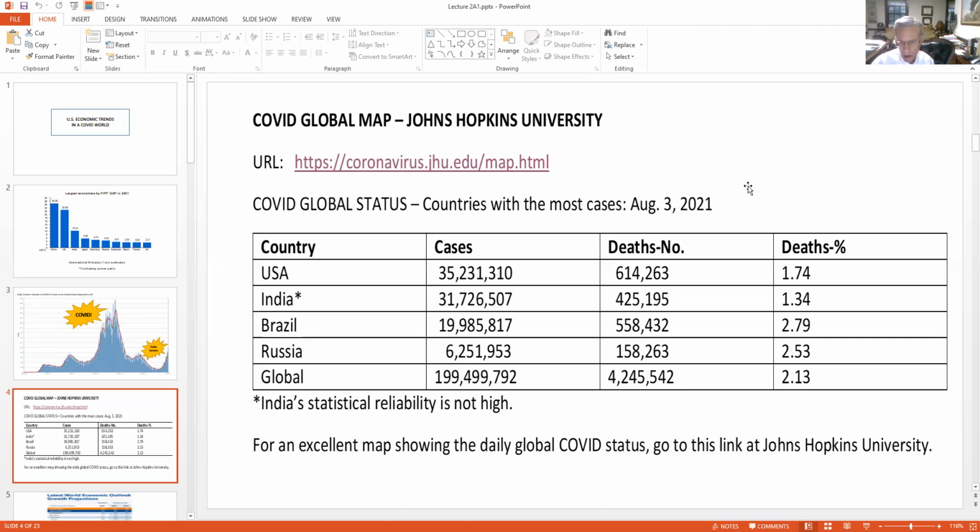But you can see that Russia also has had a high death rate from the coronavirus. And again, Russia is one of those countries that doesn't have a high rate of vaccination. And so the new Delta virus variant has been a major problem for Russia.